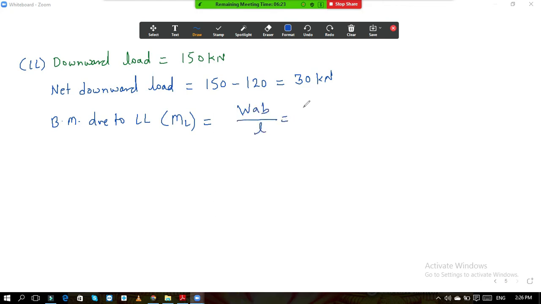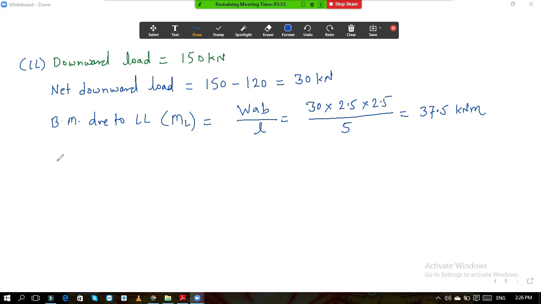W is 30, A is 2.5, B is also 2.5, divided by L, which is 5. So 30 into 2.5 into 2.5 divided by 5 is 37.5 kilonewton meter.